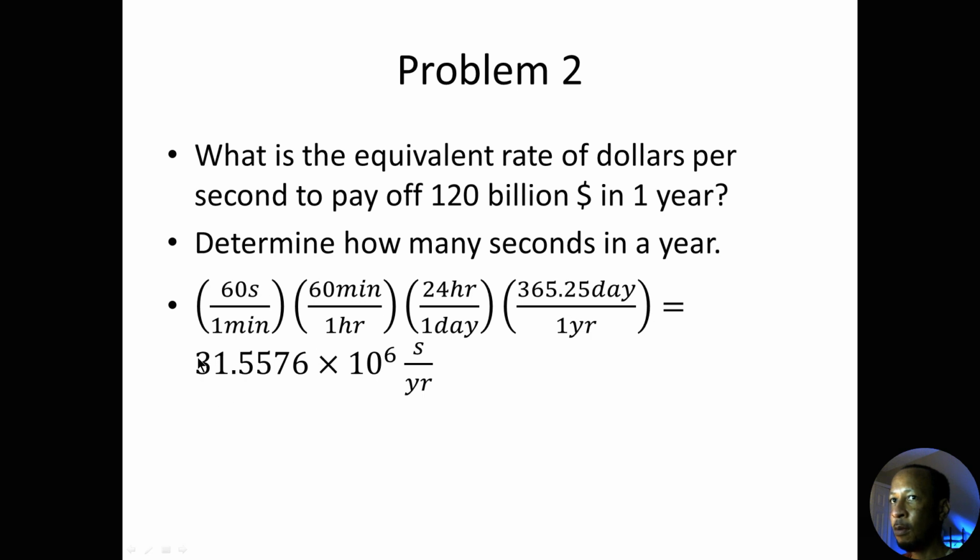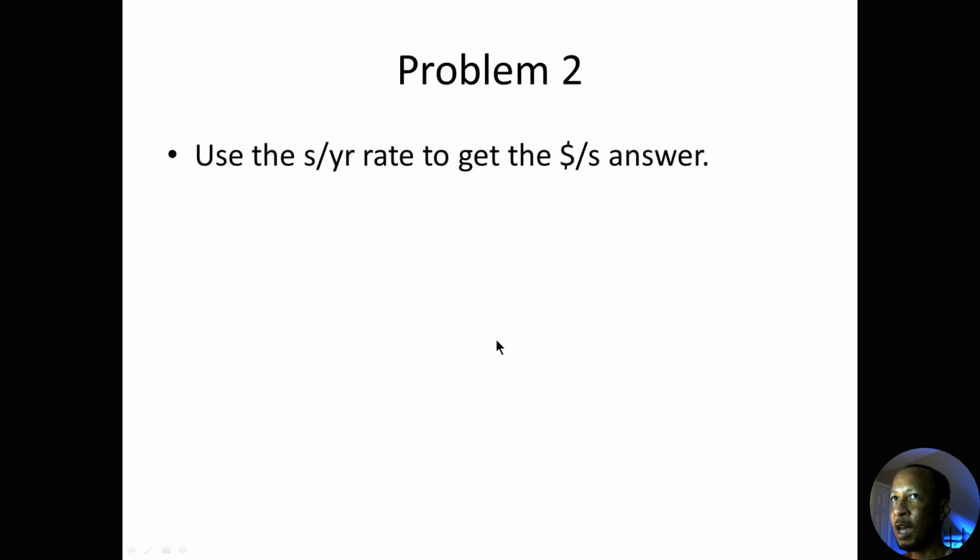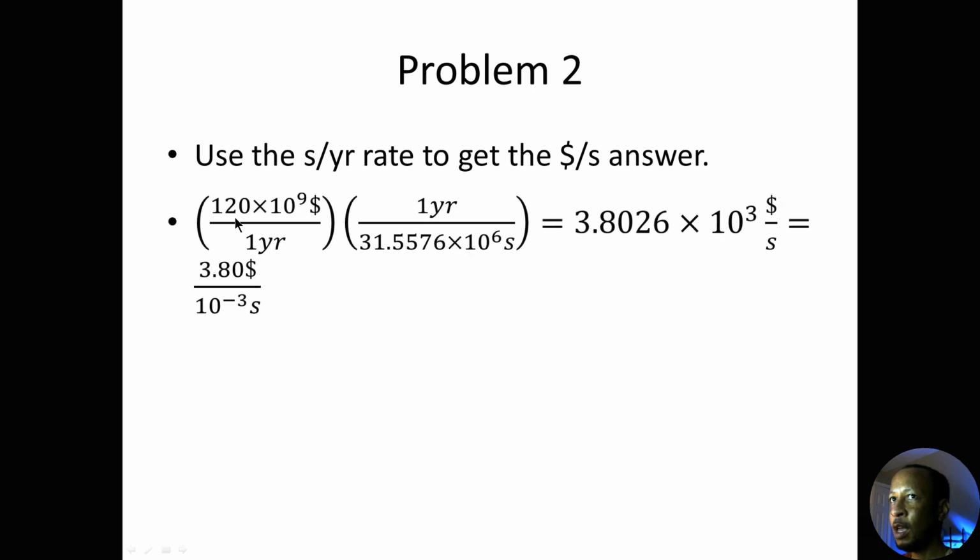And that figure that I get here is 31.5576 times 10 to the 6 seconds per year. Okay, so now that I have that, I'm going to use the seconds per year rate to get the dollars per second answer. So I have 120 times 10 to the 9 dollars per year.